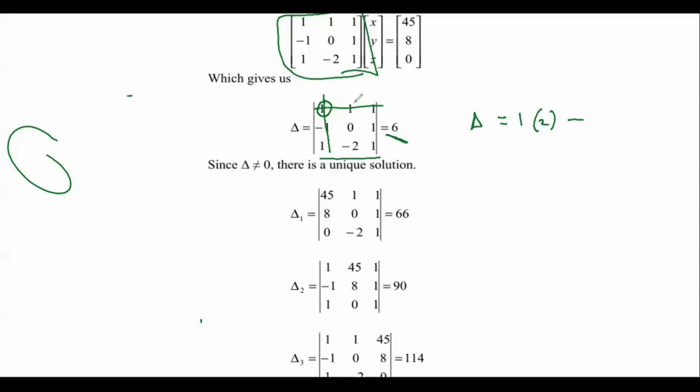Minus, come to this number here. I cross out the column and the row associated with it. The number is 1, times the determinant of these 4 here.